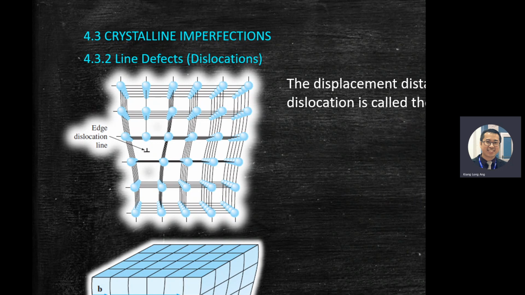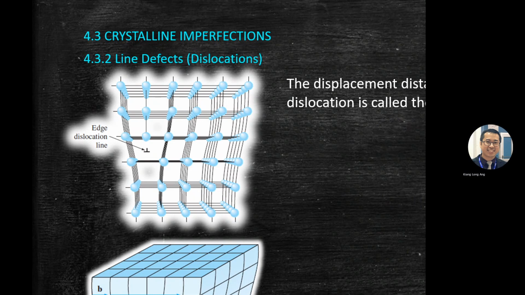If you draw the complete atomic site, you can see the lines 1, 2, 3, 4, 5, but here you only have 1, 2, 3, 4. So one line is missing here. So you just draw an inverted T at this location. It means there's a defect over here.